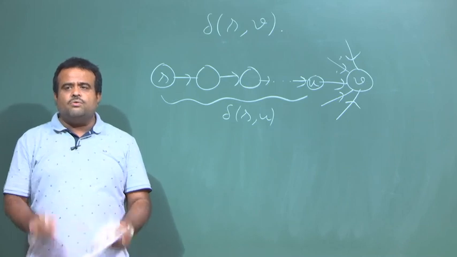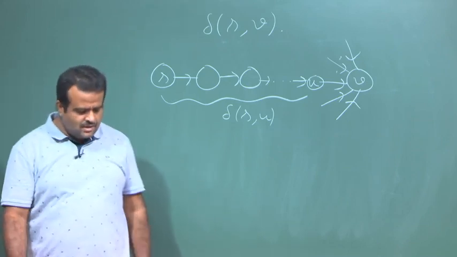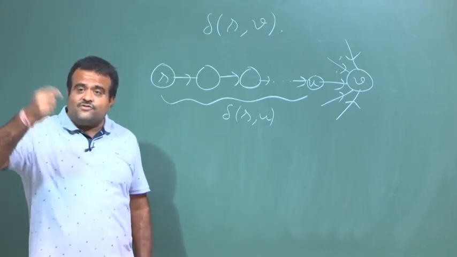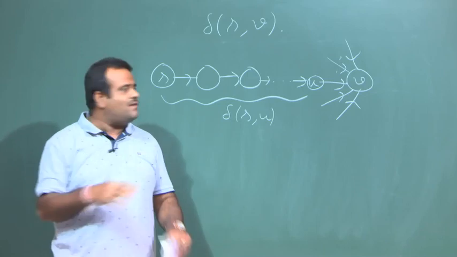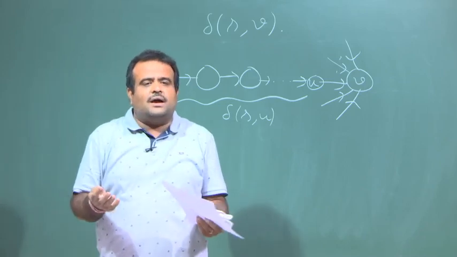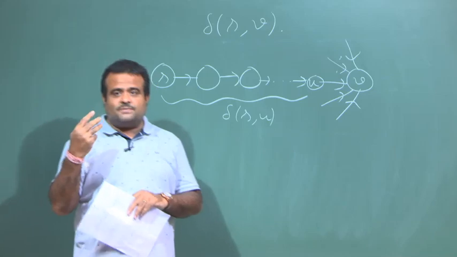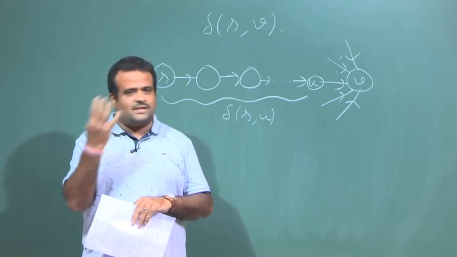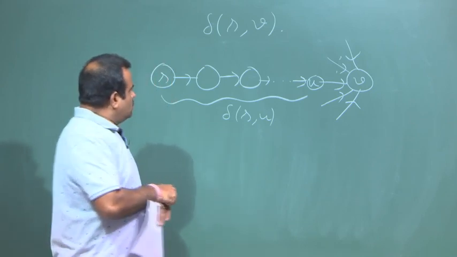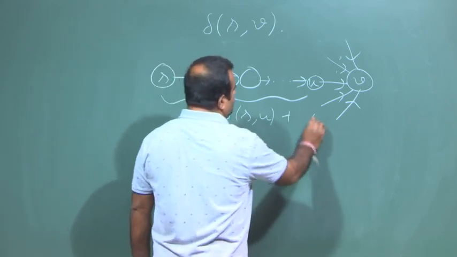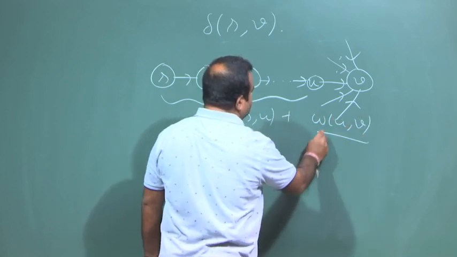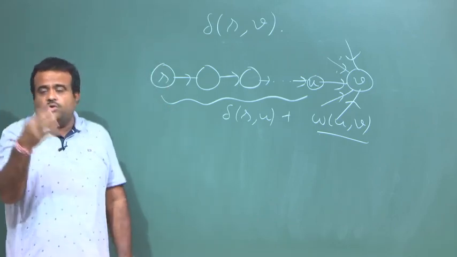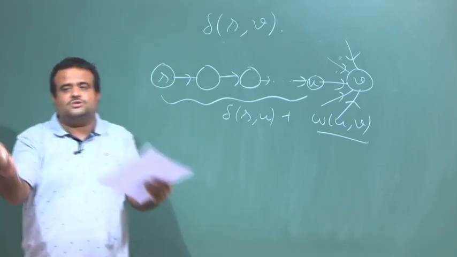So, we try for all, and we choose the best guess, which the DP will give us. Then this plus W(u,v), where u is one of the vertices with a direct edge to v, but we do not know which one. So, we have to explore all possibilities. This is a sort of exhaustive search.